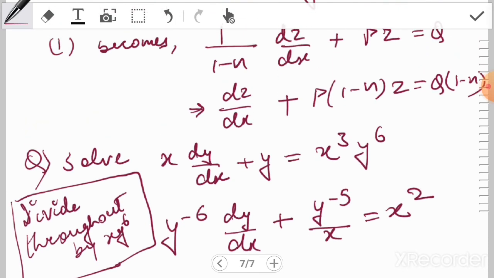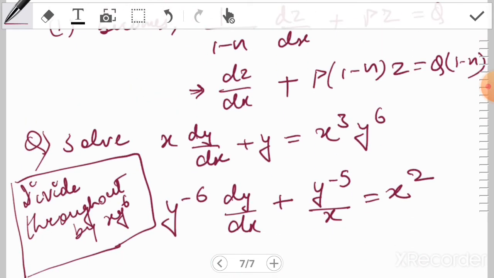Because we have to make this in the form of a Leibniz linear equation. In a Leibniz linear equation we have just dy by dx, and p and q should be arbitrary functions of x.